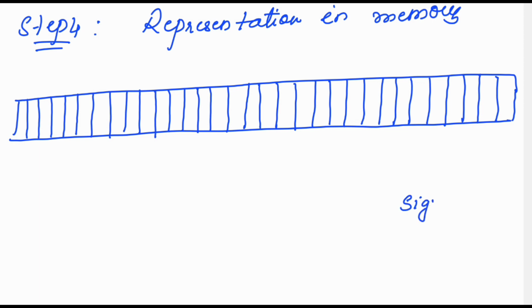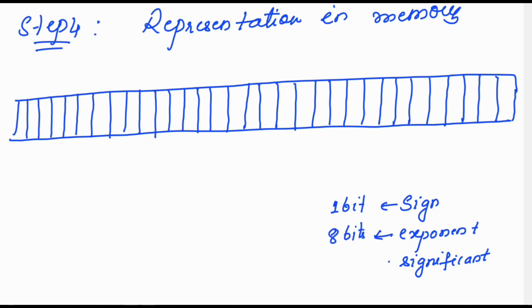We have the sign part, the exponent part and the significant bits part. So these are the three different parts to store a float value. Sign is only 1 bit, exponent 8 bits, and significant bits are how many? 23. So let us store these values.